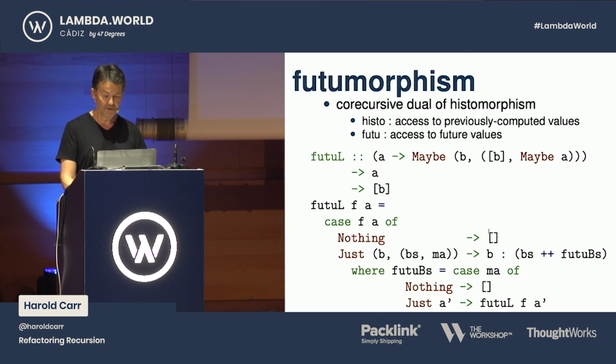To run this, the future comes in right down here. When you run this function, it actually runs f of a here, but then it says, depending on the value back, that m of a, this may be a right here, if that is a Just a prime, it will run the futumorphism with that same function here and give you back the future Bs, and those are the ones that are then put at the back of here.